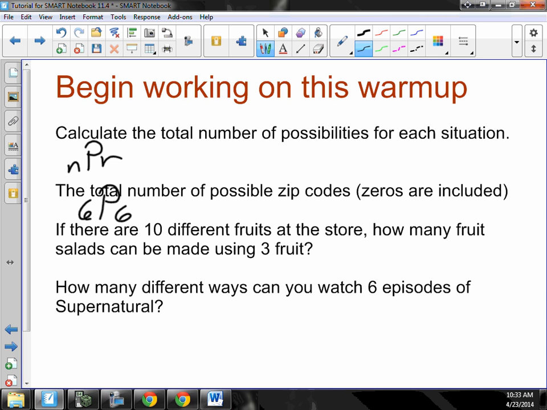720. And we learned yesterday that with permutations, choosing all 6 is exactly the same as choosing 5. How come? If you plan on watching all 6 episodes, there are 720 ways you could watch those.